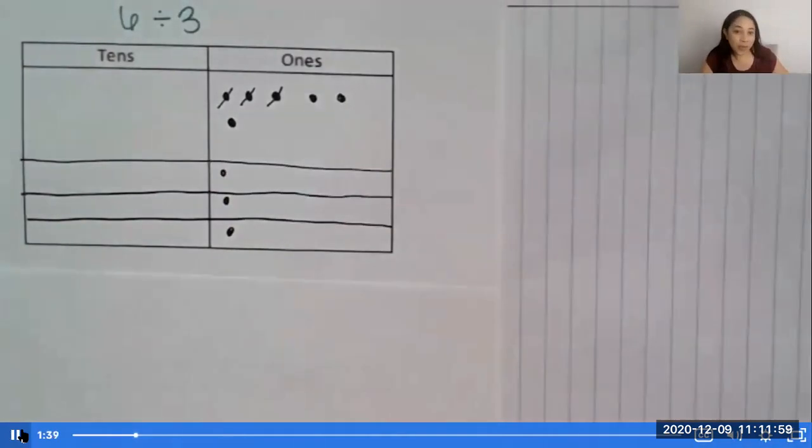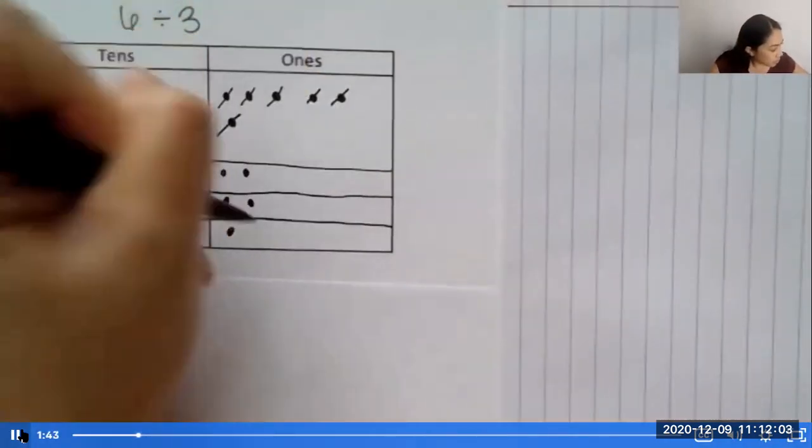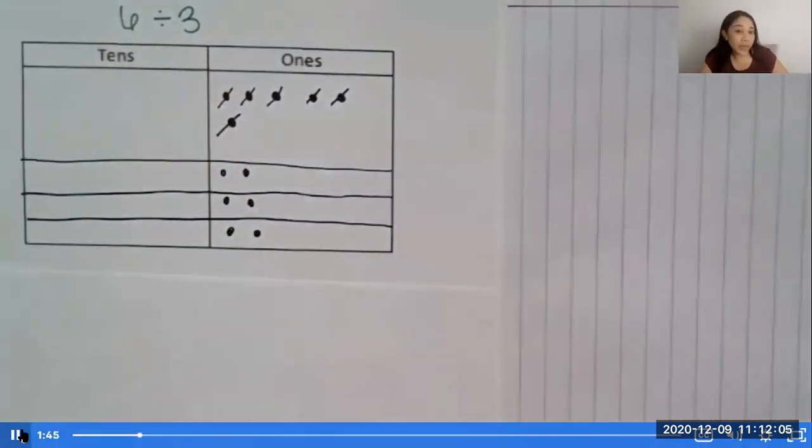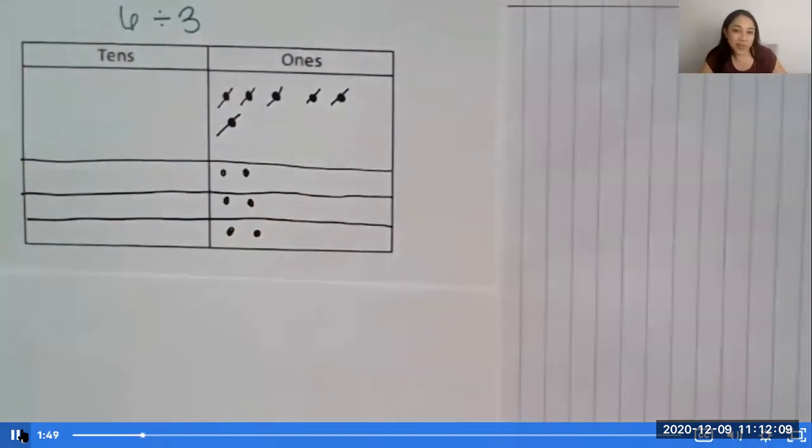Let's distribute them one more time in each group. We can put 2 ones in each group. Are there any left over? No. How many ones are in each of our 3 groups? 2 ones in each group.